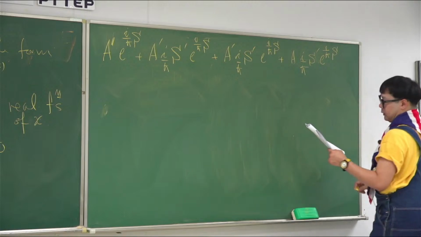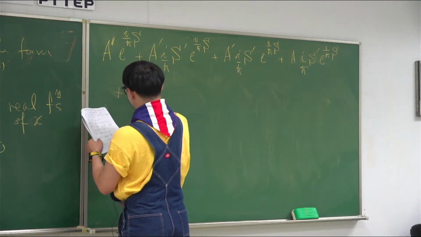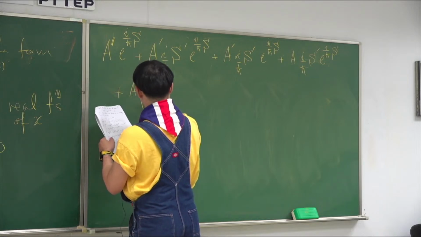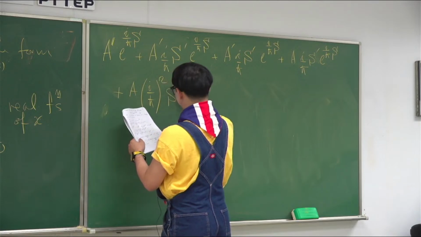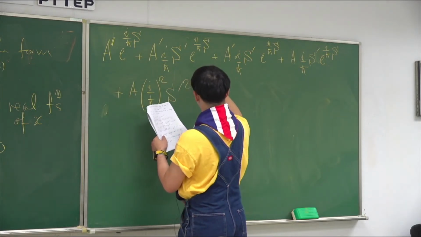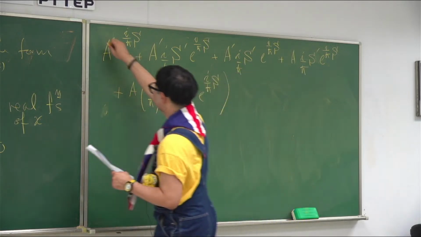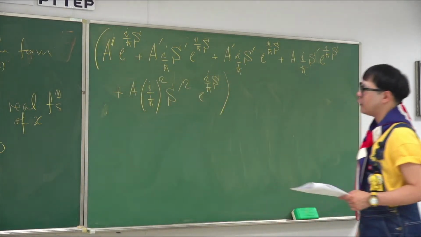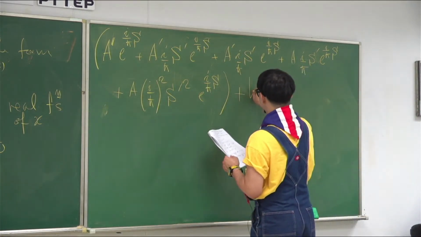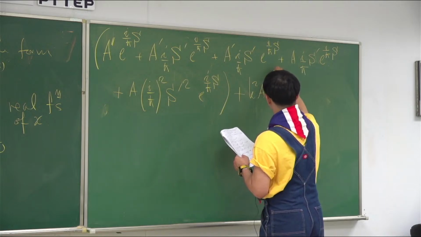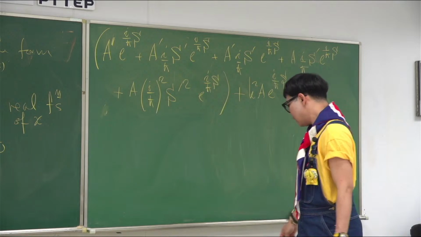Okay. And actually, it's quite a long one, because you need to take care of the whole term. Okay, this is the whole bit of second derivative, plus this k square A equal to 0, right?